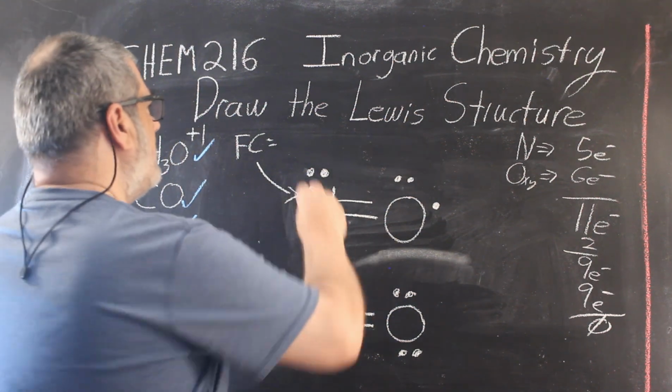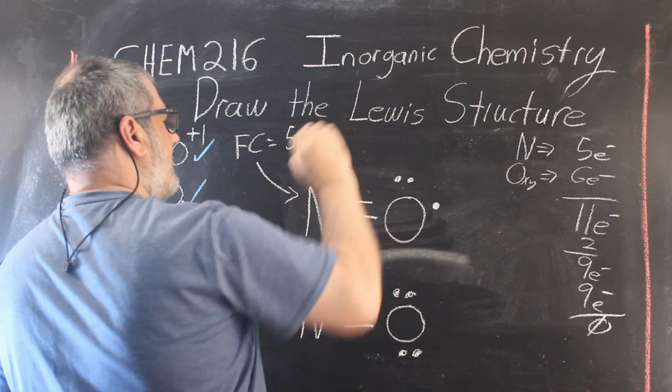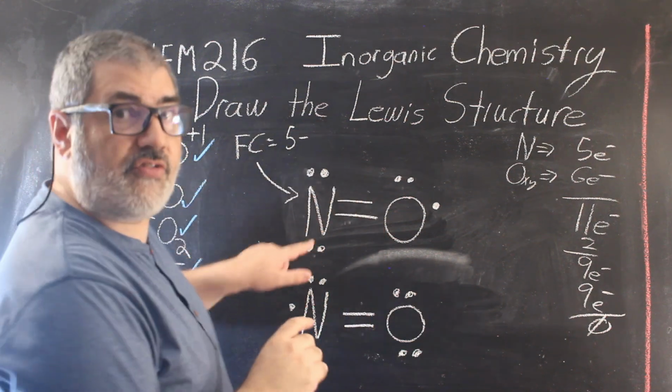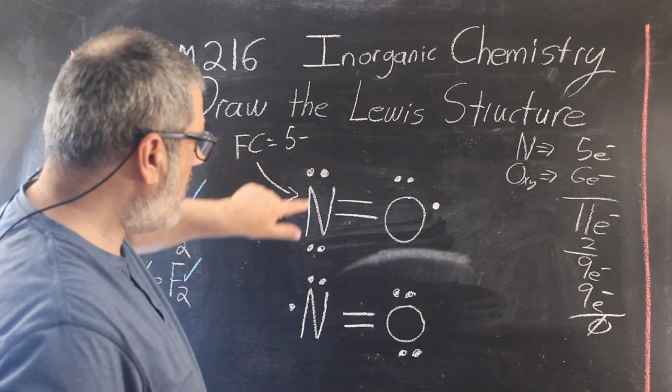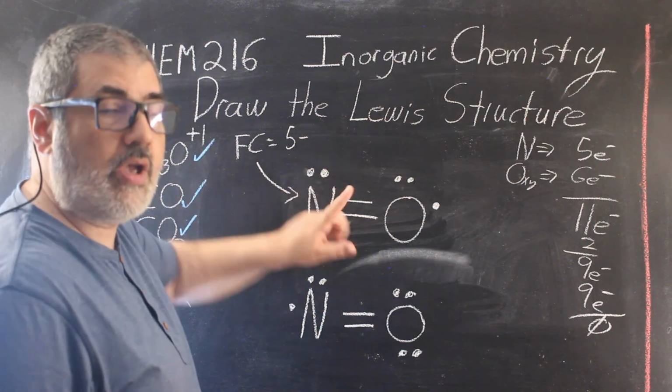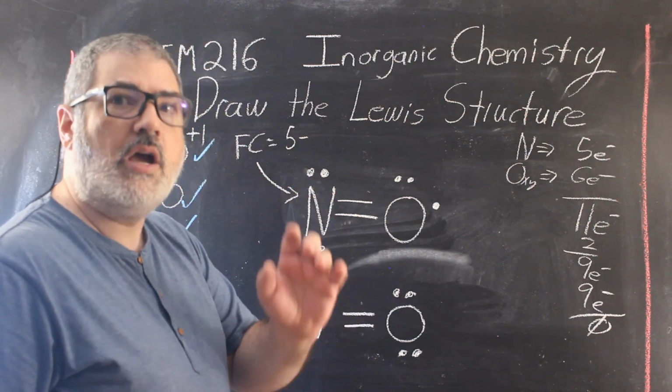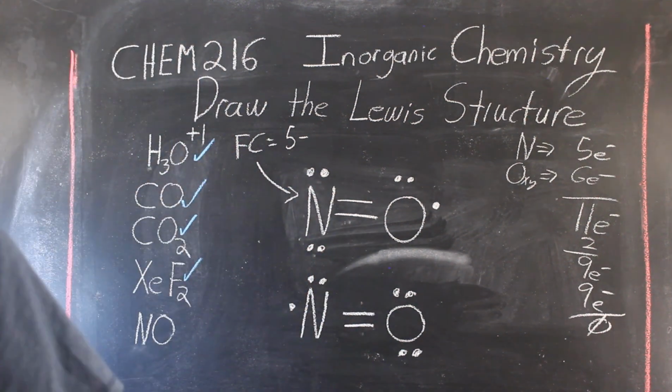So nitrogen starts with 5 valence electrons. In this structure, it has 2, 4, 5, 6. We count 1 electron from each chemical bond.